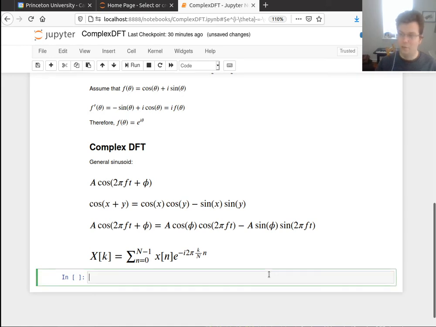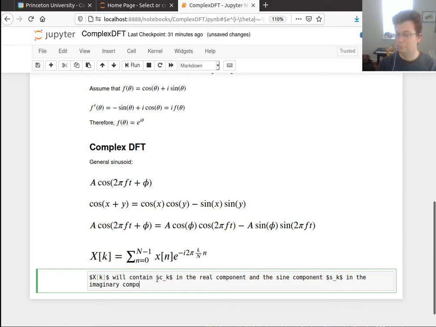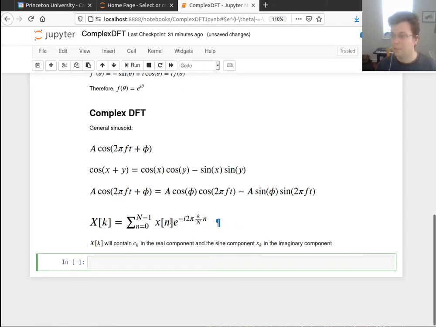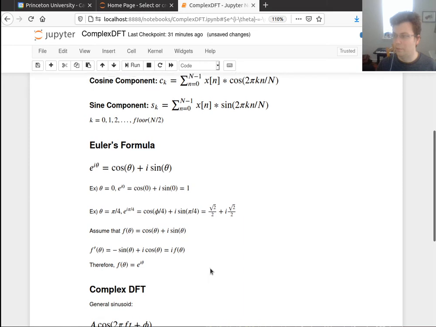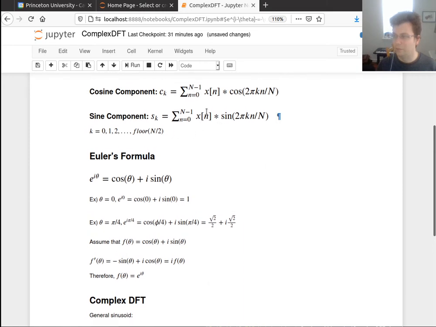So what this is going to do is put, so X of k will contain the cosine component as the real component, and the sine component as the imaginary component. Compared to the way I wrote it up here, it would be the negative of this sign.